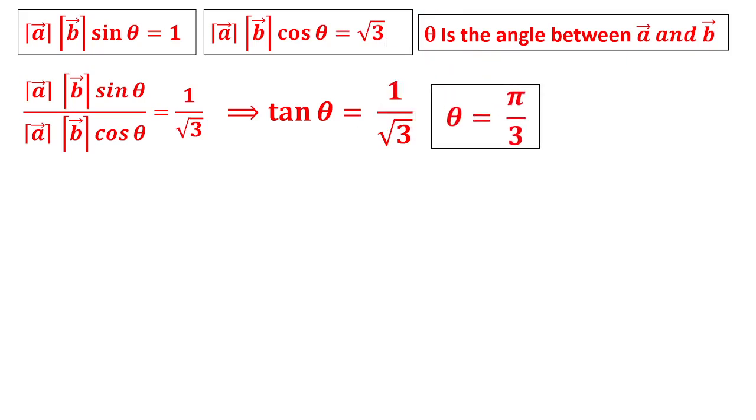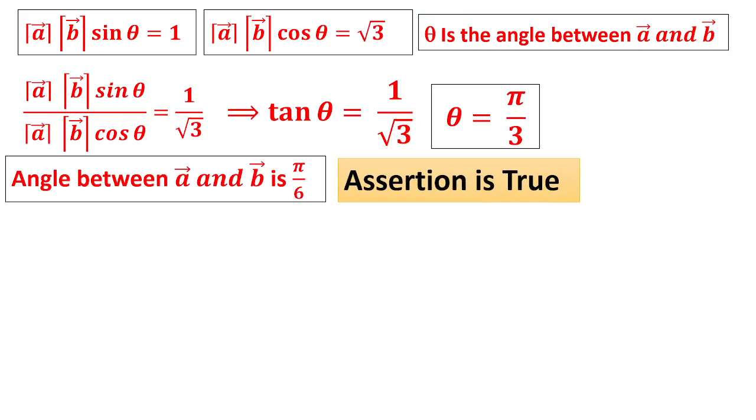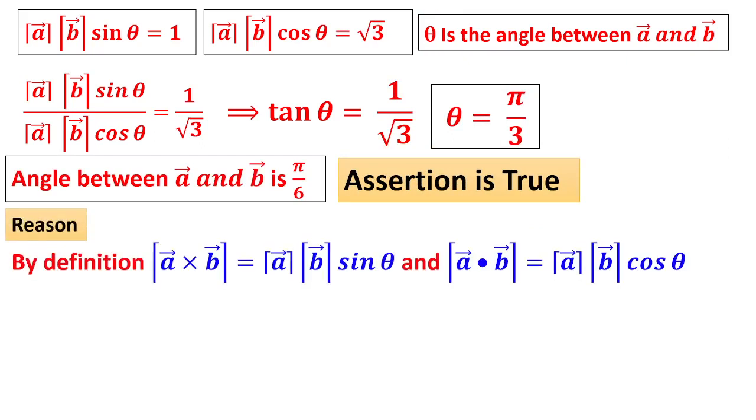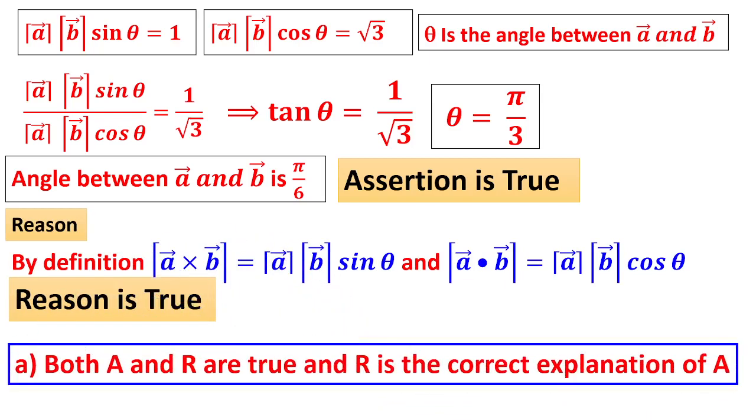Therefore, theta is equal to pi by 6. Therefore, the assertion is true. The reason is given by definition, so it is true. Therefore, both A and R are true, and R is the correct explanation of A.